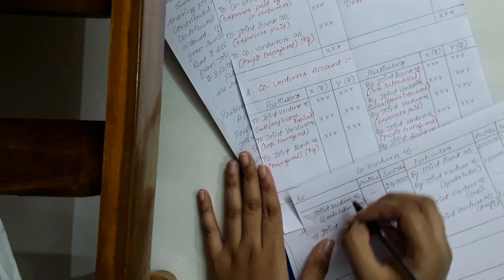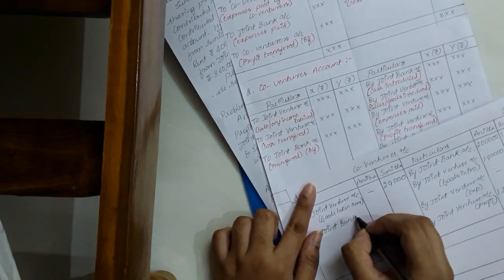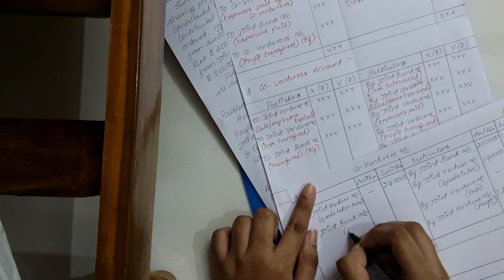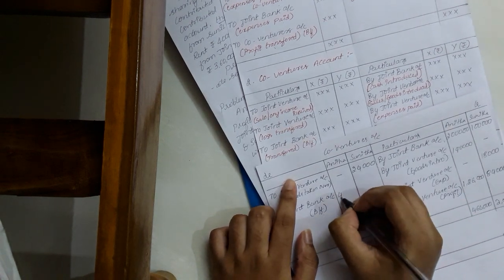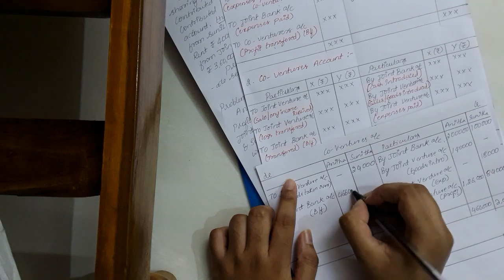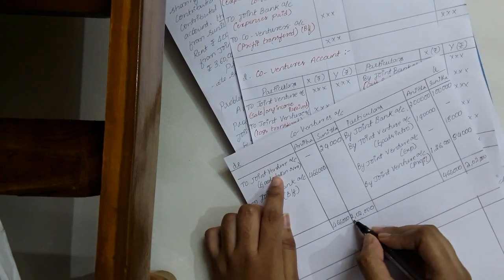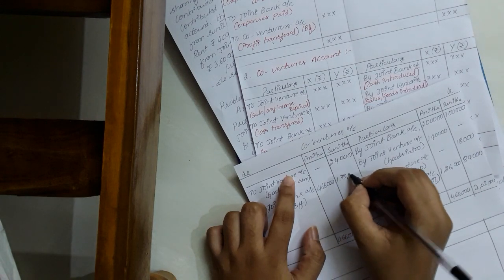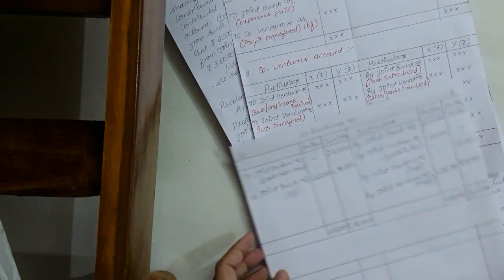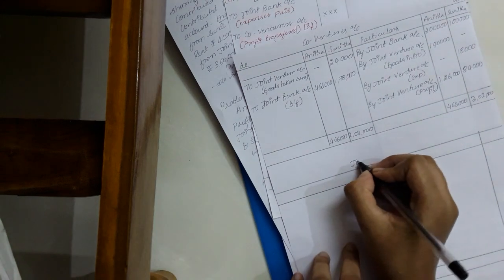So the joint bank account balancing figure needs to be transferred for Anita and Sunita, right? What is the value? It will be 4,66,000 for Anita, and for Sunita 2,02,000 minus 24,000, that is 1,78,000. Done.